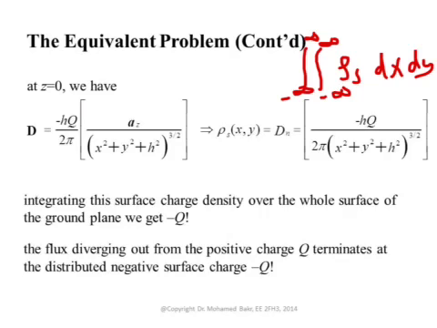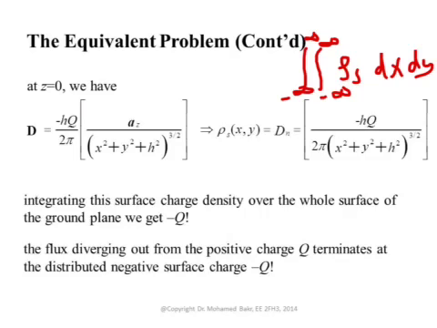If you carry out this integral, you will find something very interesting: the total charge on the ground plane is equal to minus q, the negative of the positive charge, which is equal to the image. So the image that we put there represents the effect of this distributed charge, which is distributed all over the ground plane.